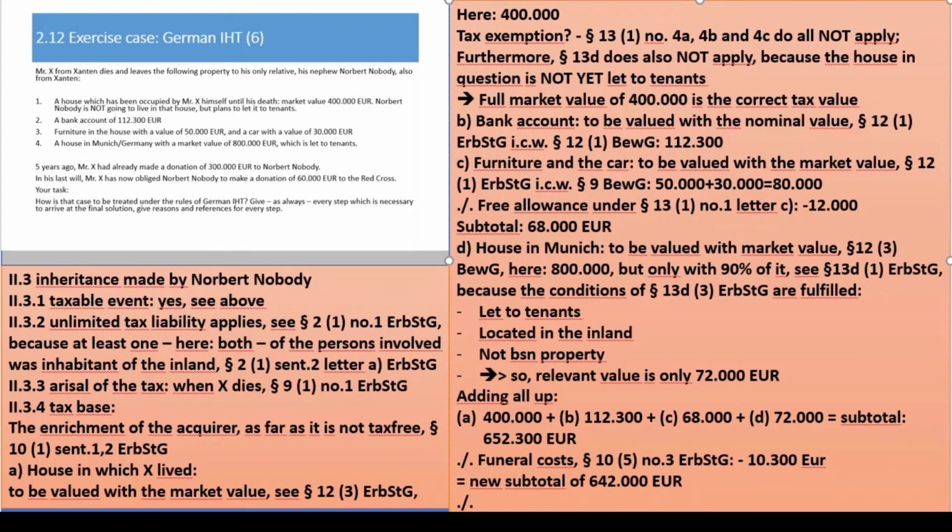Now what we naturally also have to deduct is the legacy of minus 60,000 to the Red Cross. That's under 10.5, number 2 of the Inheritance Tax Act. And so the new subtotal is 582,000 euro.